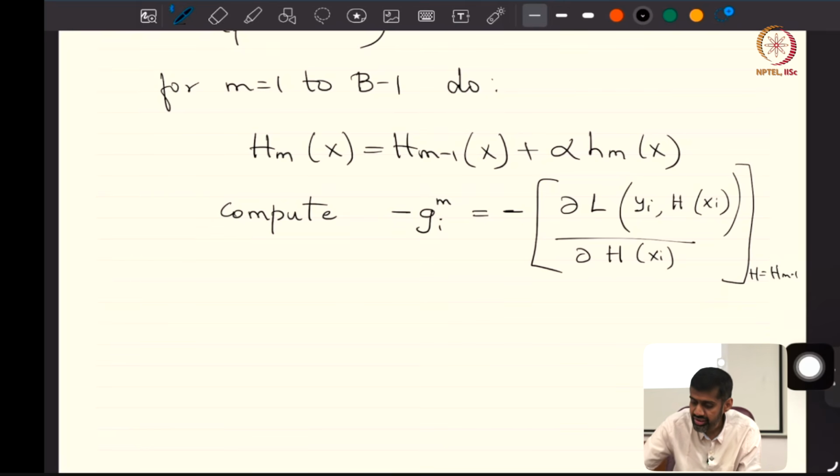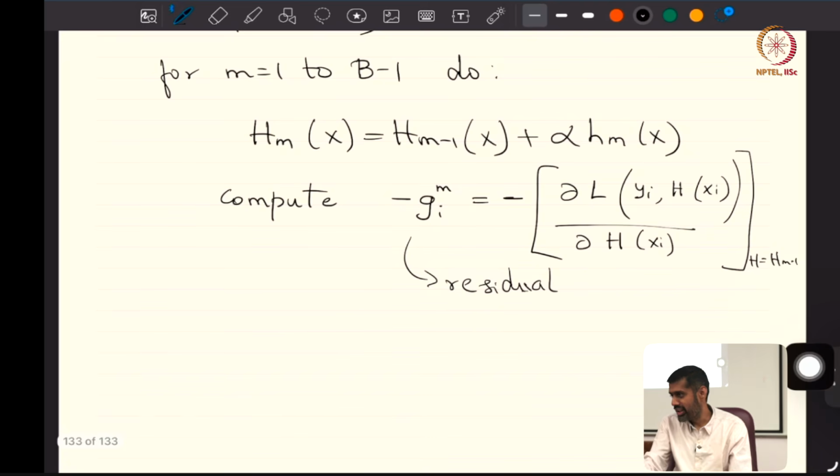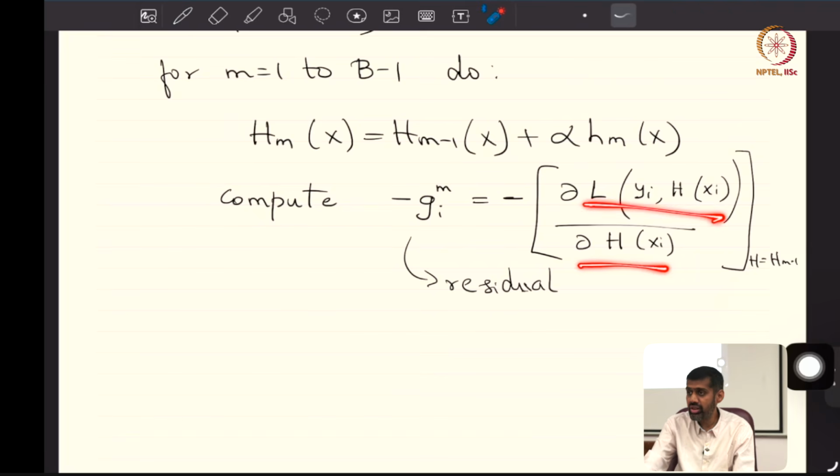Often in literature this is also called the residual. Please note that this derivative, we were looking at the derivative with respect to the parameters so far for standard gradient descent. Here we are looking at the derivative of this loss function with respect to the hypothesis itself.